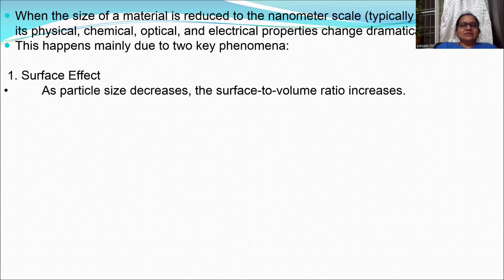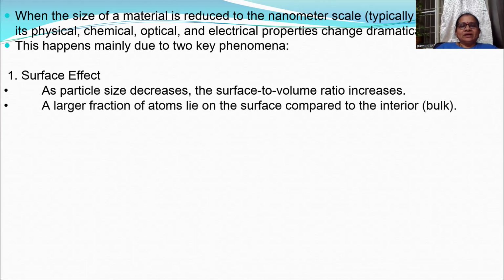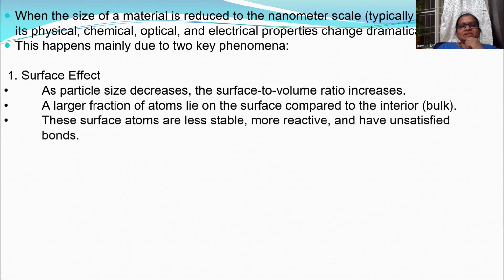So as particle size decreases, surface to volume ratio increases. That means within the available volume, a greater number of particles will be incorporated, and a larger fraction of atoms lie on the surface compared to the interior. And these surface atoms are less stable.